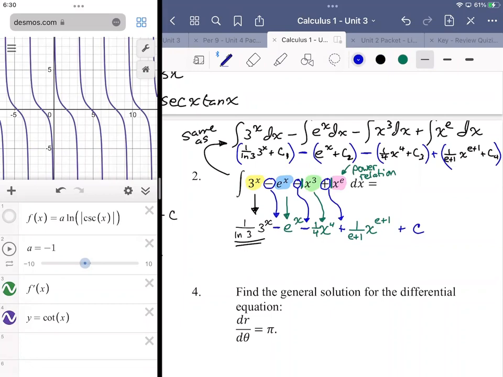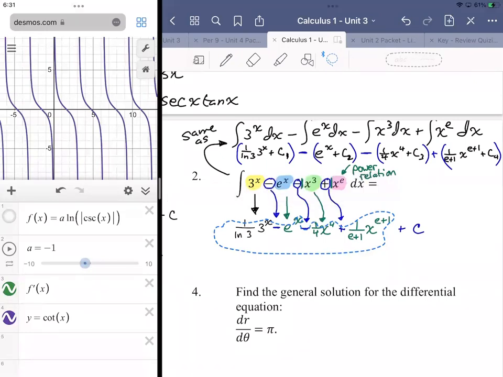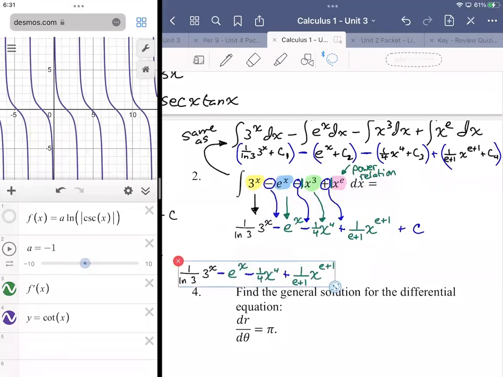So the question would be, where on earth did all those plus C's go? Because really, in the end, you would have all of this stuff here. But technically, we really should have all of this stuff plus the C1 minus the C2 minus a C3, and then plus a C4.